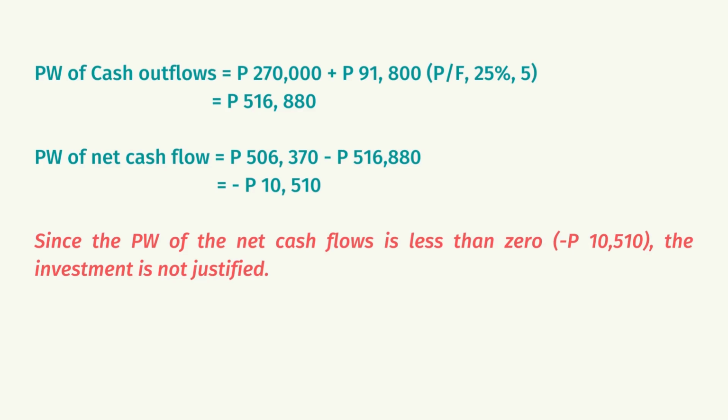As you have noticed, both ROR and annual worth show that it is not a justified investment. The present worth method then also does not justify the investment.